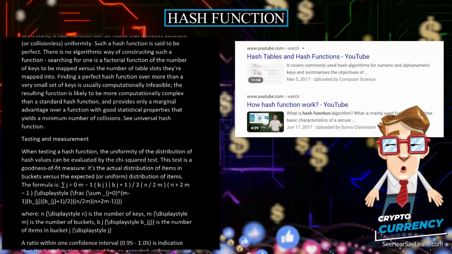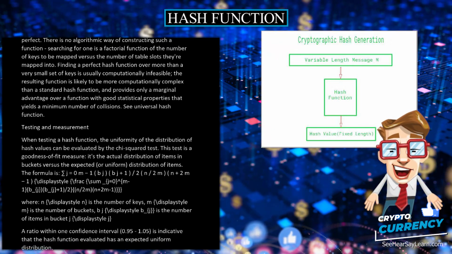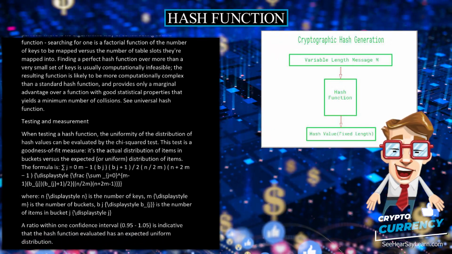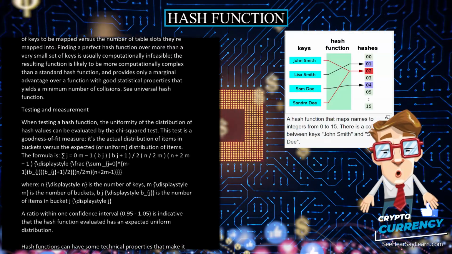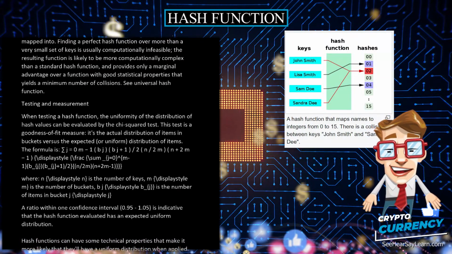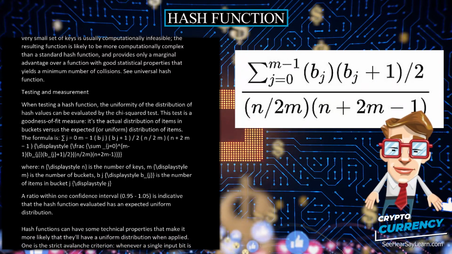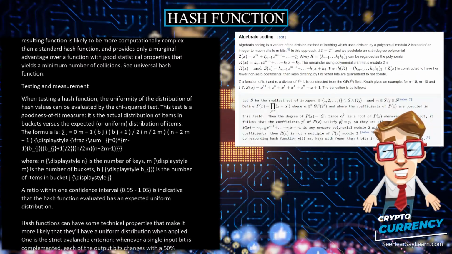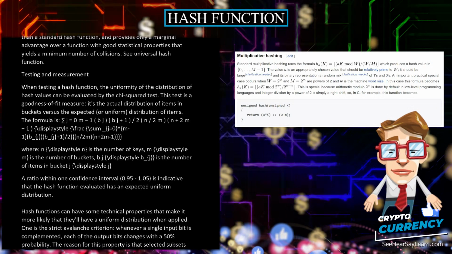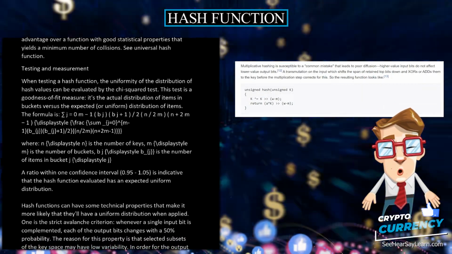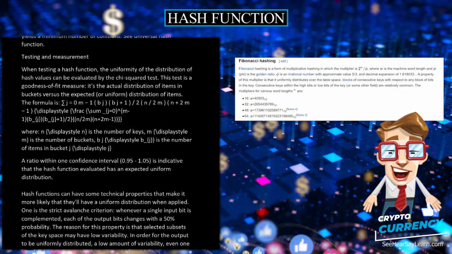The formula is the sum from j equals 0 to m minus 1 of b sub j times (b sub j plus 1) over 2, divided by (n over 2m) times (n plus 2m minus 1), where n is the number of keys, m is the number of buckets, and b sub j is the number of items in bucket j.